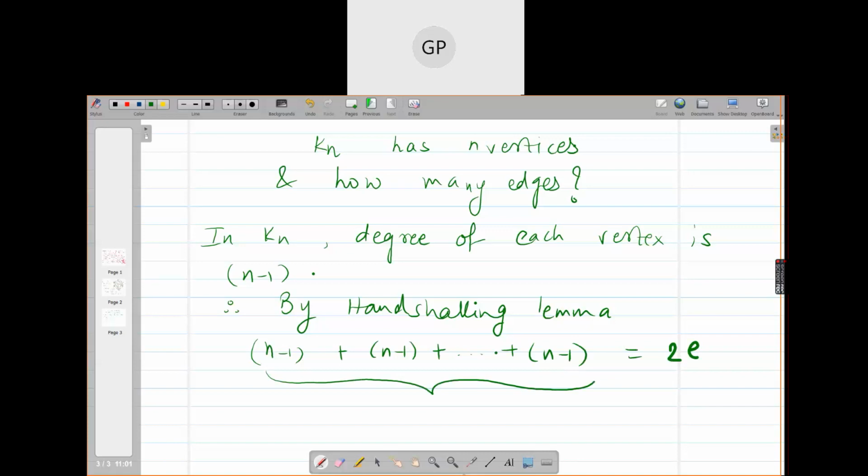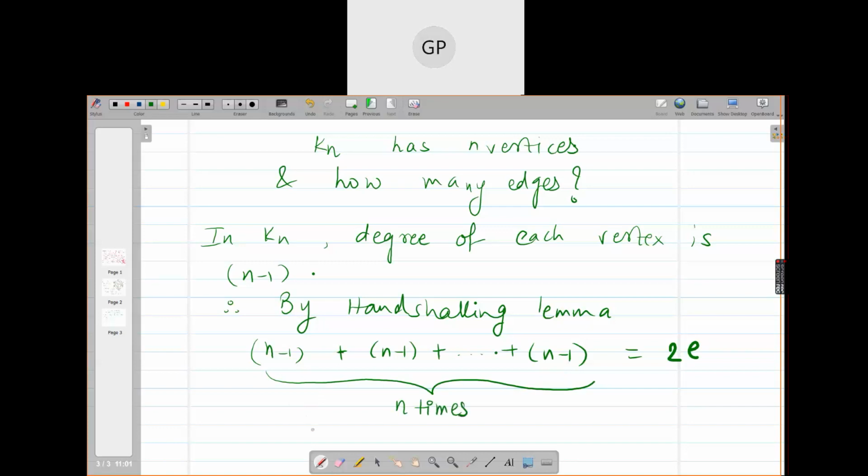How many vertices are there? N vertices. So the degree of every vertex is n minus 1. So you will add n minus 1 how many times? N times. Exactly.